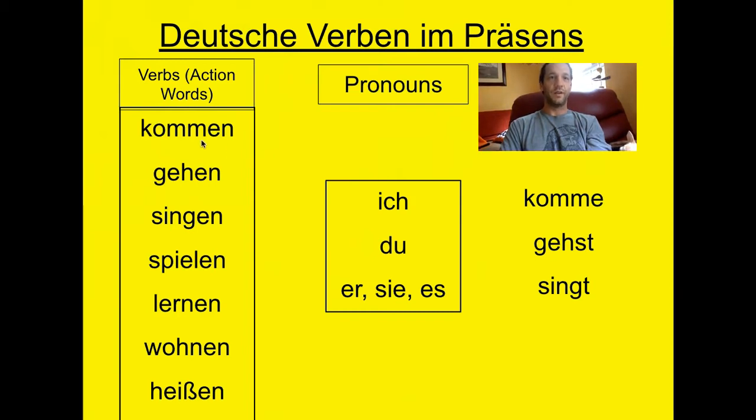On the left side, we have different verbs. As you know, those are action words. The first one is kommen, to come. The second one is gehen, to go. The third one is singen. This is a cognate. Can you guess what that means?